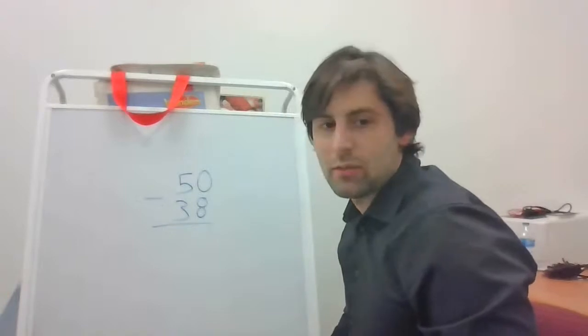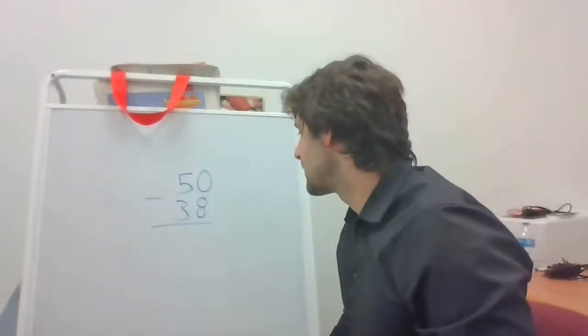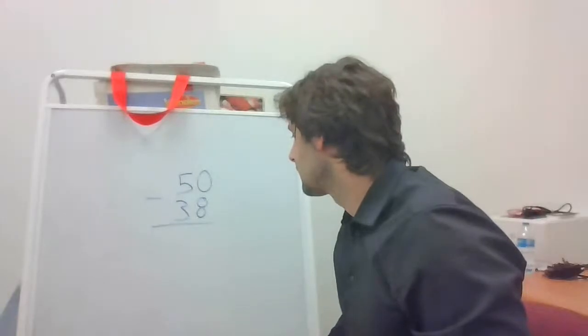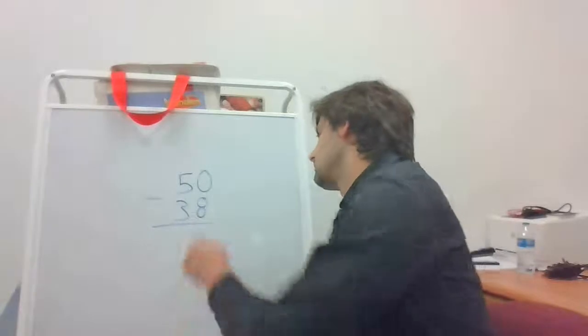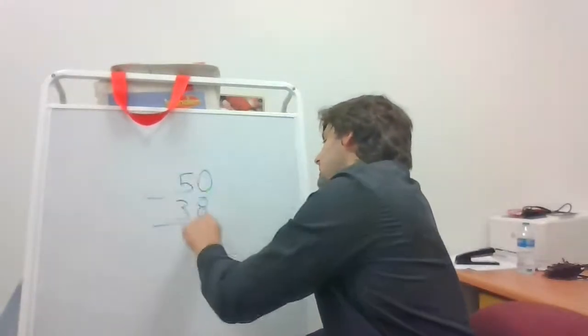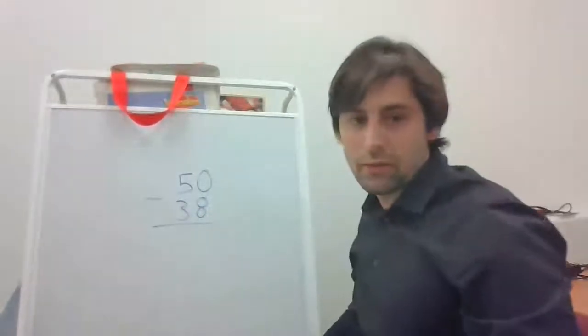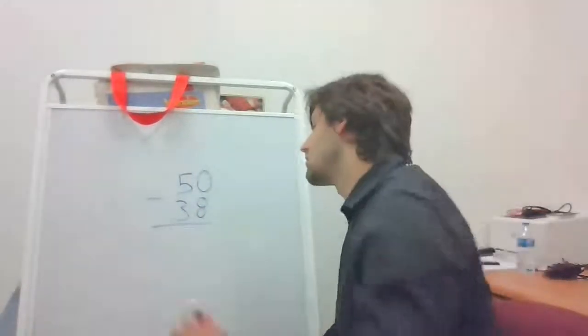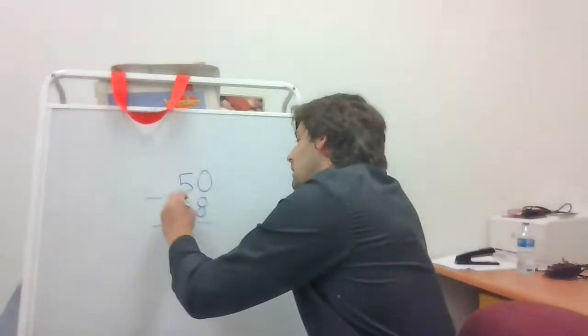So first thing we've got to do is look in the ones place. We've got to see if the numbers on the bottom are bigger. All right, so in the ones place, we have 0 minus 8. 8 is bigger than 0. If we're starting with 0, if we have nothing to begin with, we cannot take 8 away. So we have to regroup here.